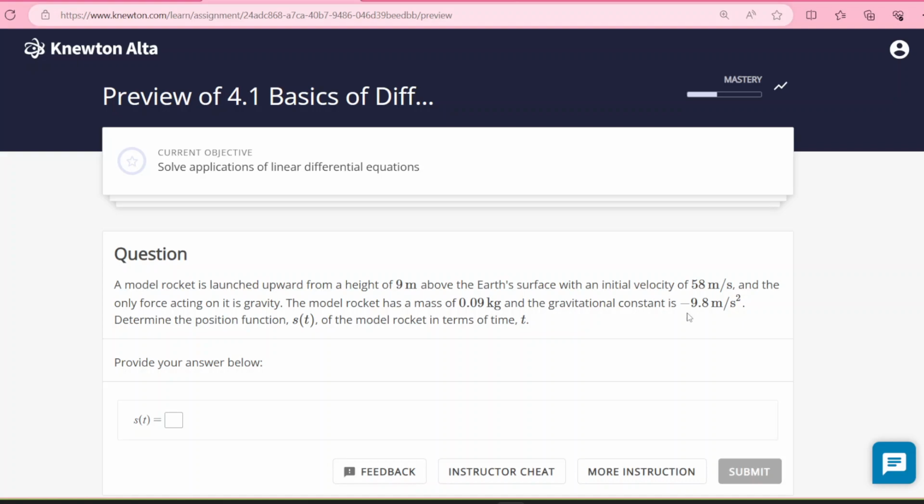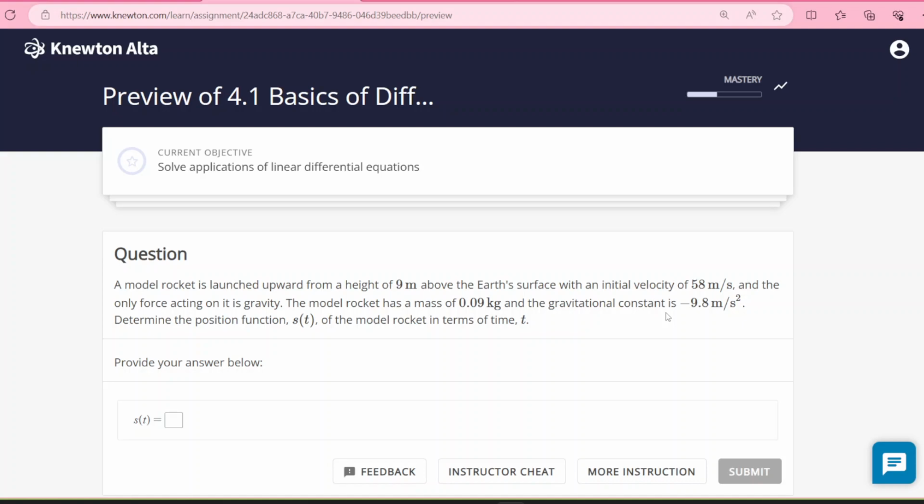So what they're telling us here is that anytime you have a downward pull or a downward motion involved, we're going to call that the negative direction. And if going downward is negative, then going upward will be considered a positive motion. All right, so if you're being pulled upward, that's a positive acceleration.